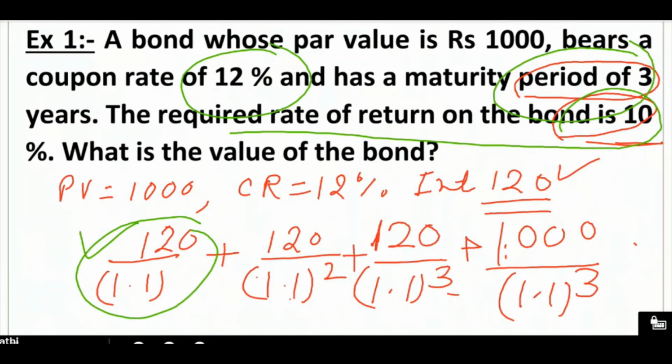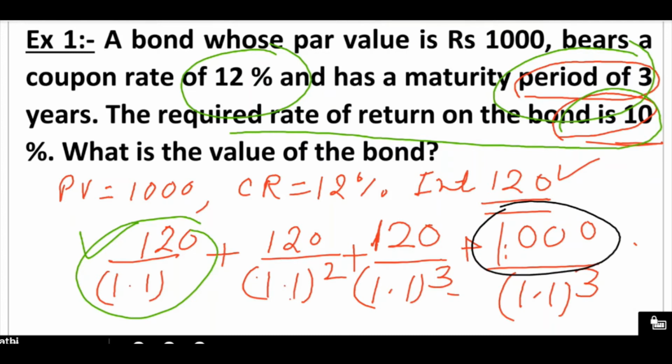That 120 rupees we have to discount to get the present value. So 120 divided by 1.1 for the first year, for the second year 120 divided by 1.1 whole square, for the third year 120 divided by 1.1 whole cube. In the third year itself we get back our 1000 rupees also, so for this also we divide by 1.1 whole cube.